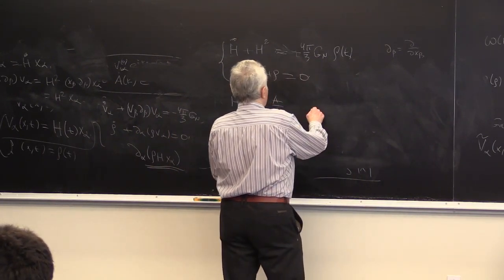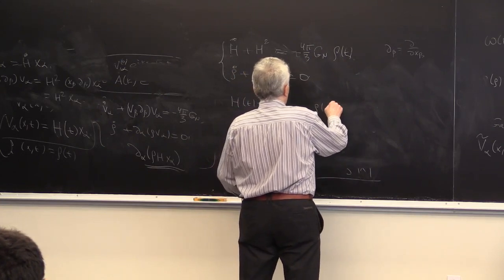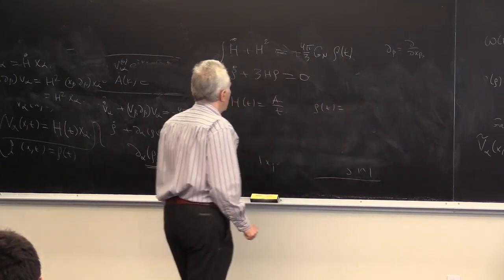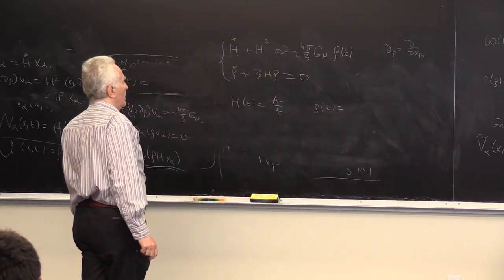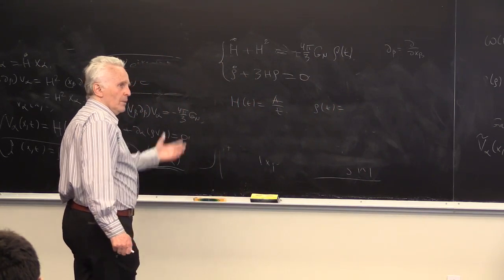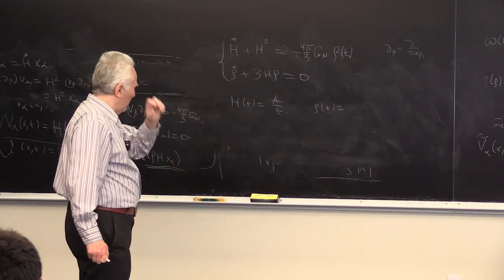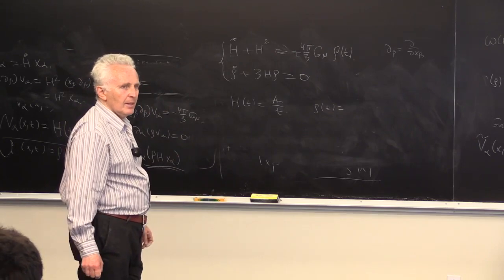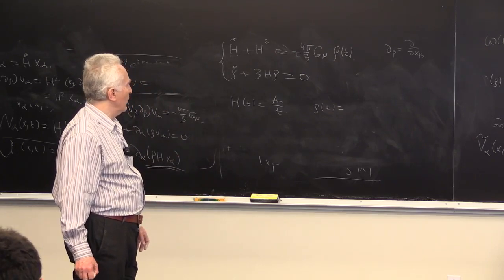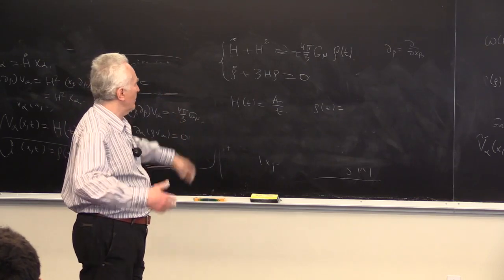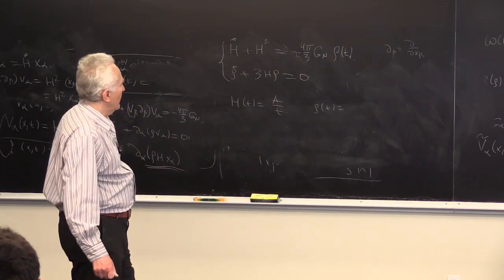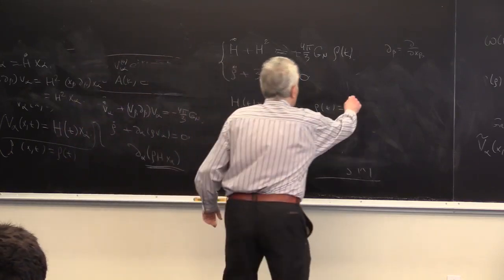Then rho of t, suggest something for the rho of t. What would it be, if we want to keep all terms of the same order? 1 over t squared. Yes. So let's try it.